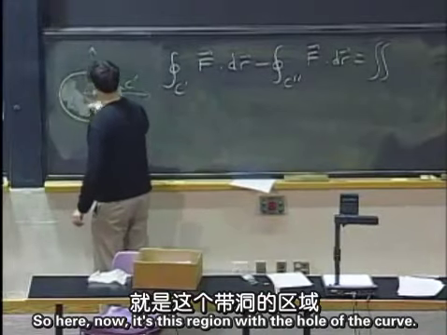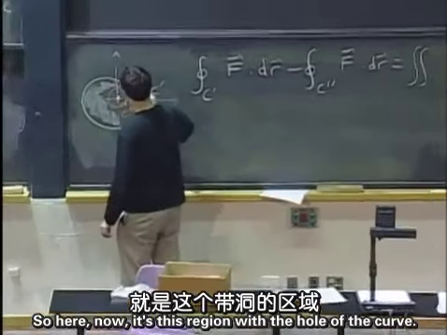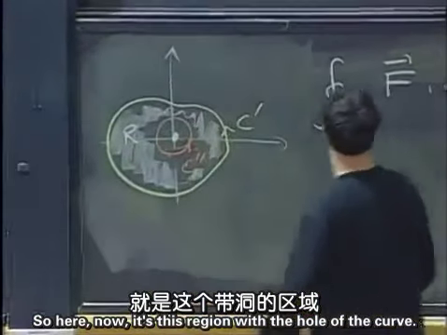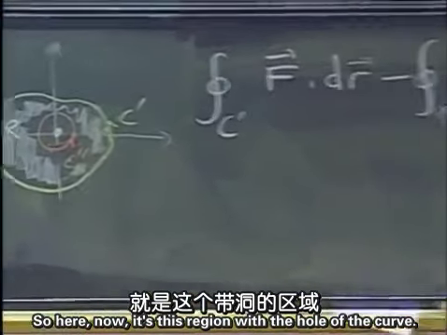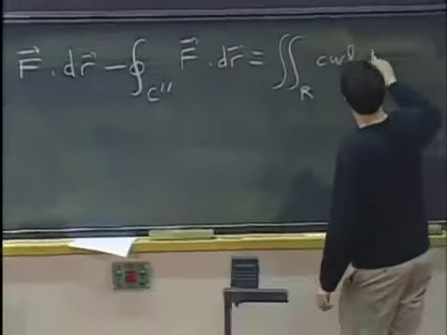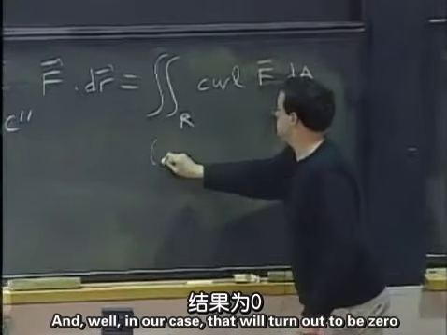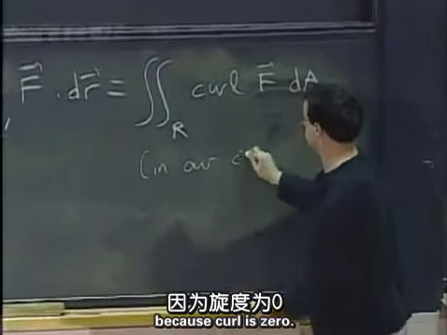So here now it's this region with a hole. And in our case, that will turn out to be 0 because curl is 0.